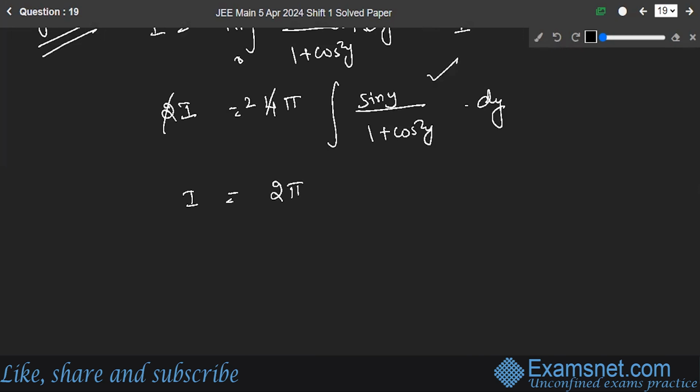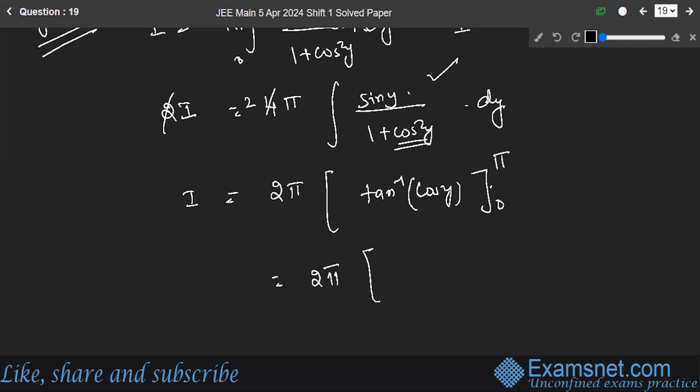Now let's find out the integral of it. This integral is tangent inverse of cos y, right? Because the variable is cos y and the numerator has the derivative of cos y. So this is tangent inverse of cos y and the limits were 0 to pi. 2 pi minus it will be over here. So this is now minus pi by 4 minus pi by 4.